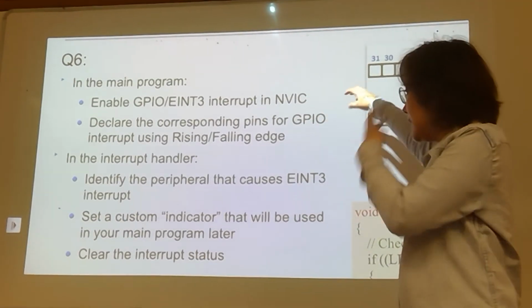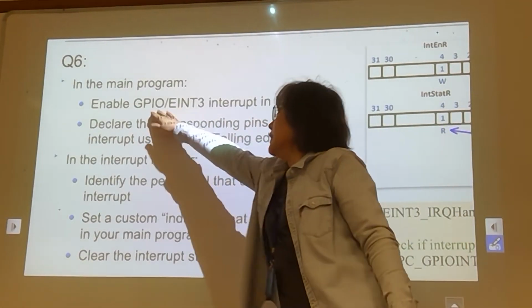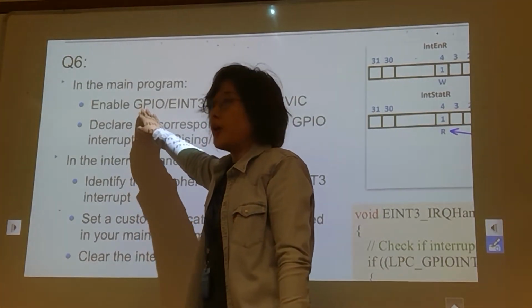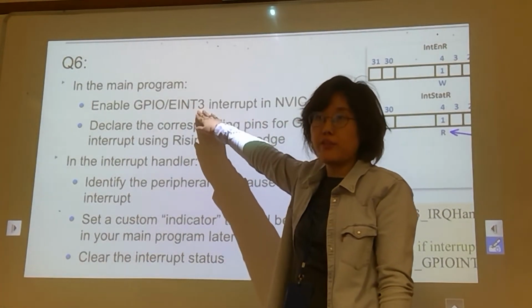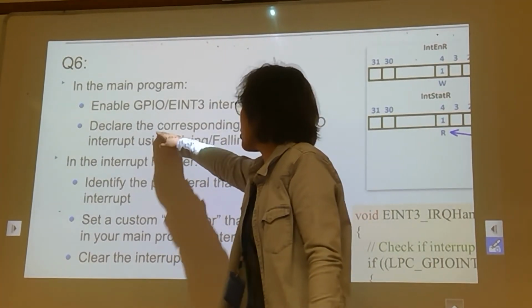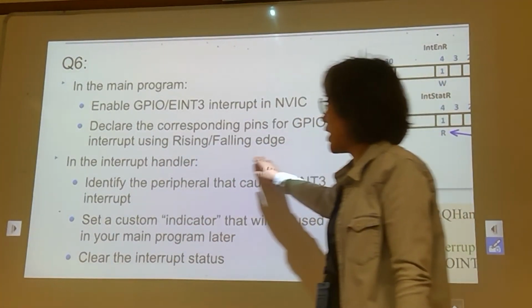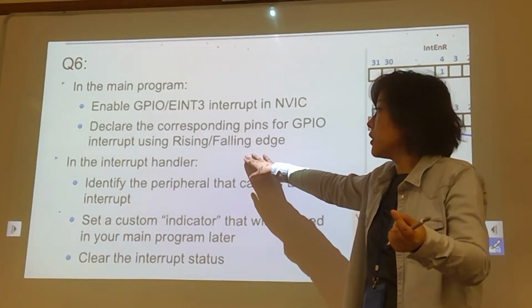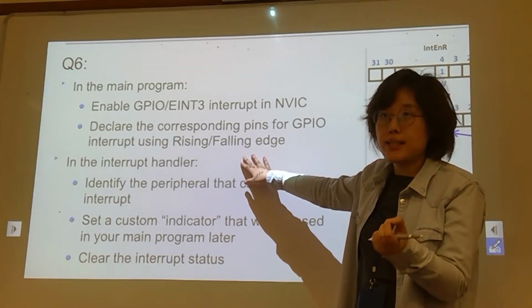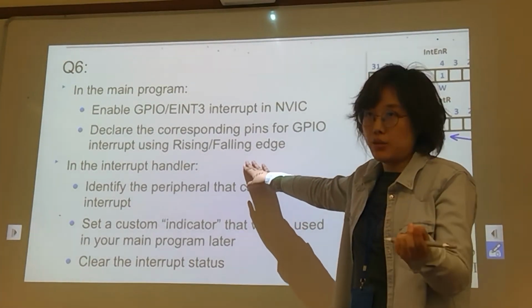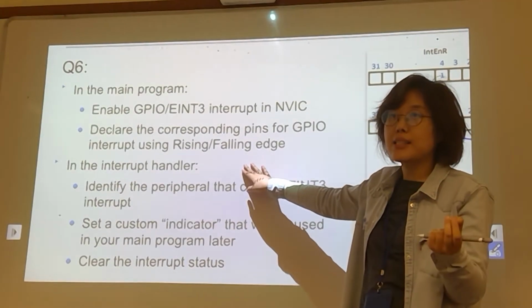Then, as I mentioned here, you have many pins for GPIO. You also have a specific pin for EINT3. So here you need to declare the corresponding pins for GPIO interrupt using rising or falling edge. You need to tell which pin or pins are actually connected to your interrupt device.